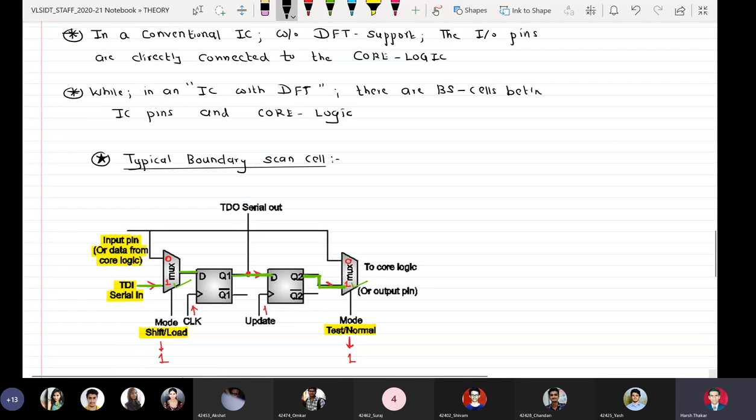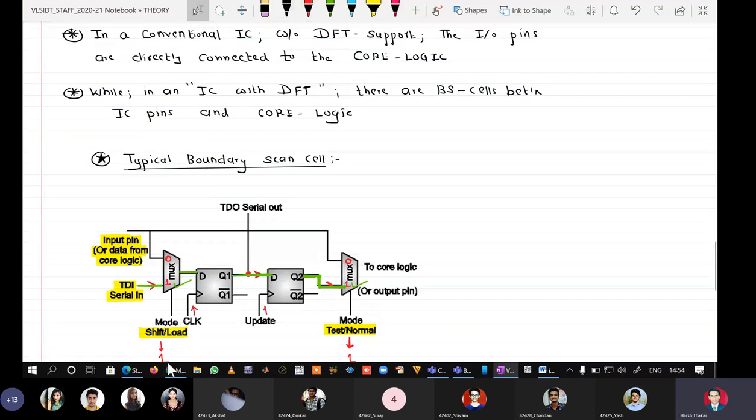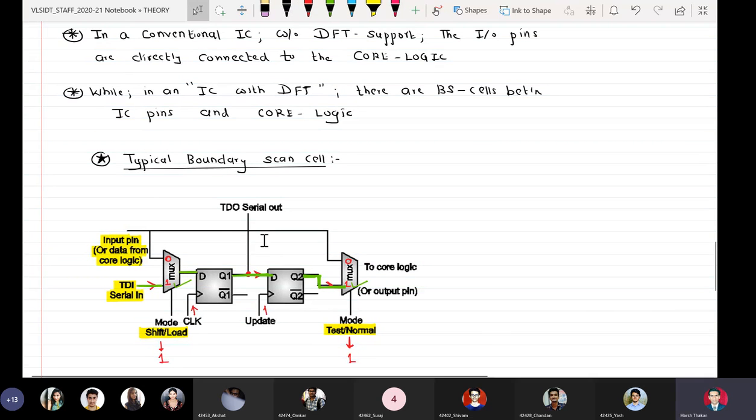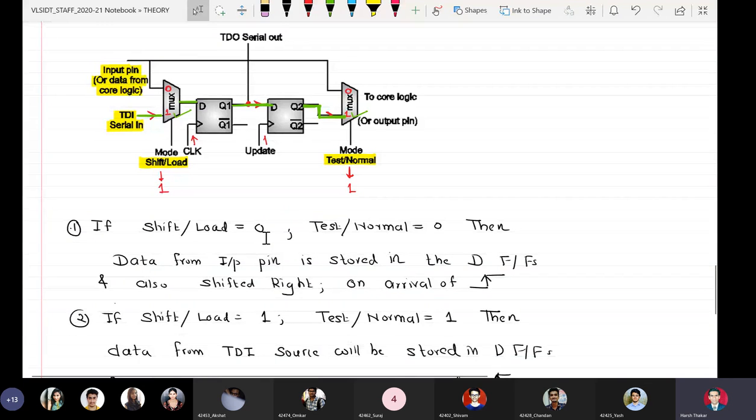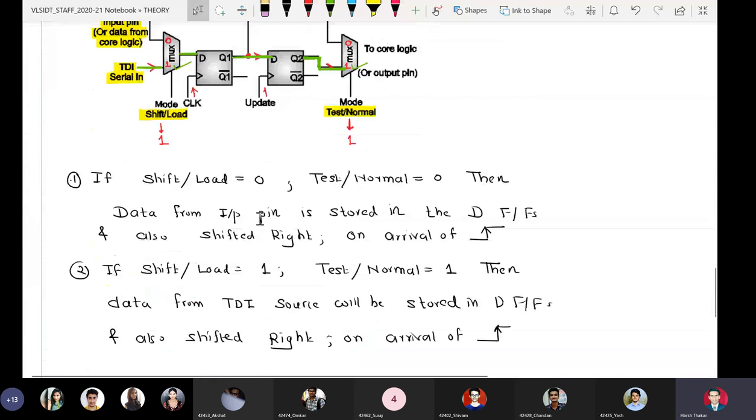Okay, it's very simple to understand. And then finally we have the boundary scan architecture.